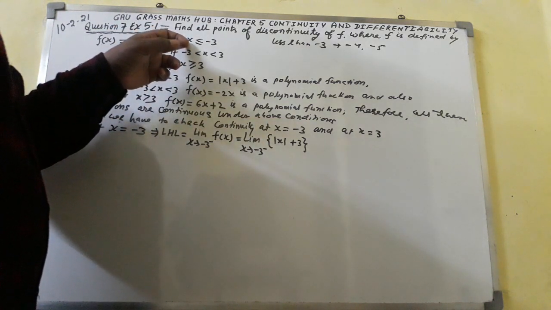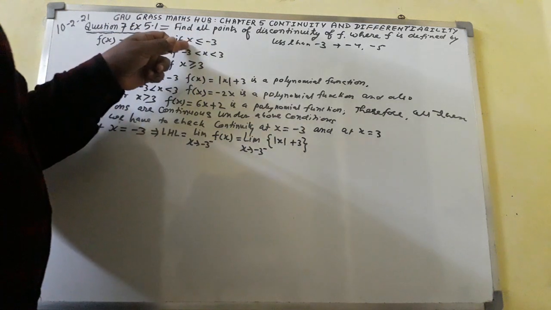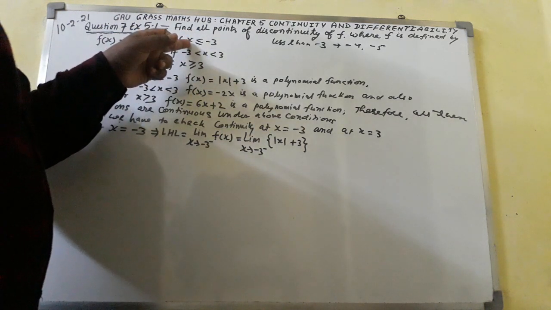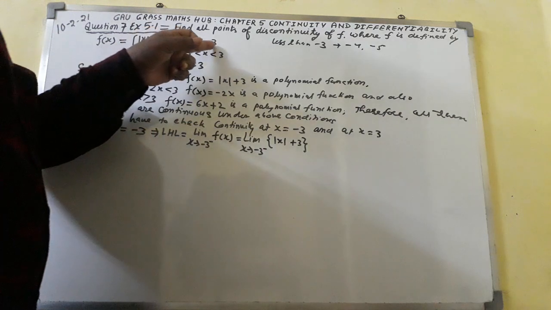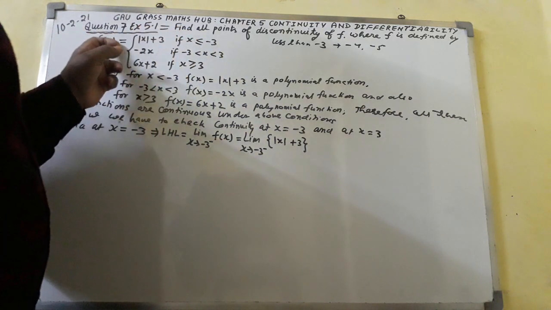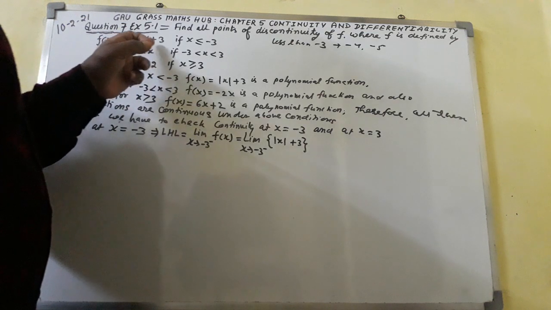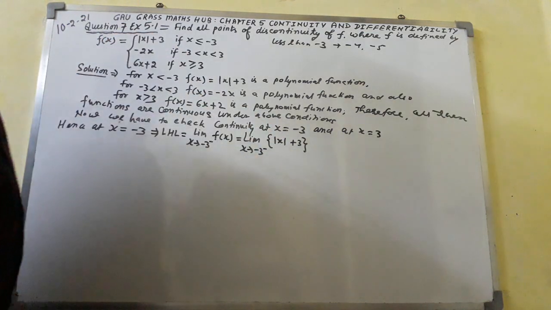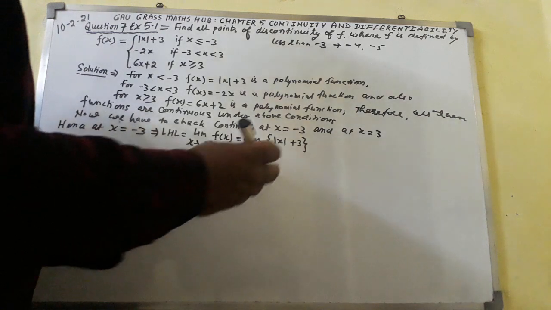Here you can locate easily that the value of x is less than minus 3. That's why I shall use f of x equal to mod x plus 3 at this place. So what to write here?